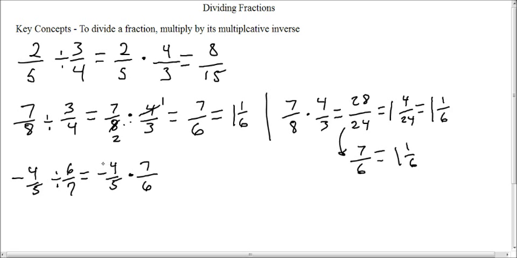Let's take 2. 2 goes into 4 a negative 2 times, and into 6, 3 times. So we will come out of this with a negative 14, since 2 times 7 is 14, and a negative times a positive is a negative, over 5 times 3, which is 15. Look good. Cannot simplify.